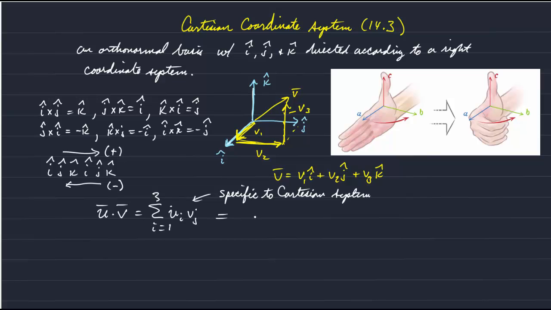This result arises because we could write u as u1 i hat plus u2 j hat plus u3 k hat, and we take the dot product of that with v.